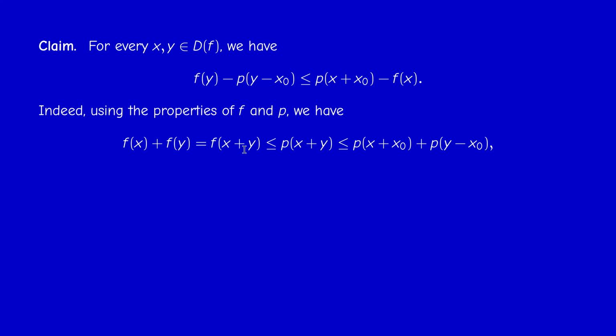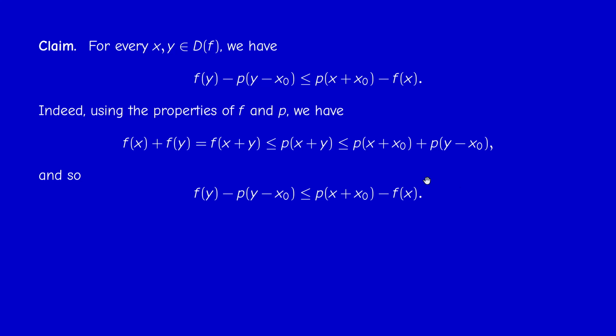But since f is in capital P, it satisfies the inequality. So f of anything is less than p of the same argument. But since p is sublinear, we can write x plus y as x plus x0 minus x0 plus y. So this is the triangle inequality, if you like. So p of x plus y is less than p of x plus x0 plus p of minus x0 plus y.